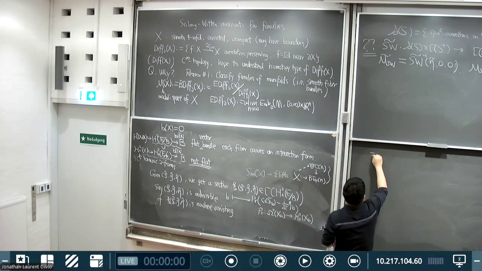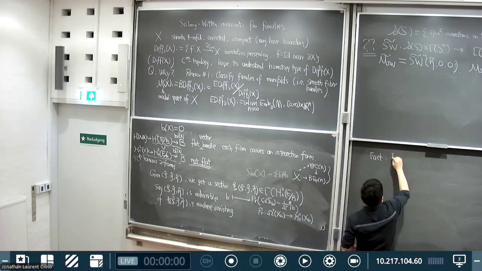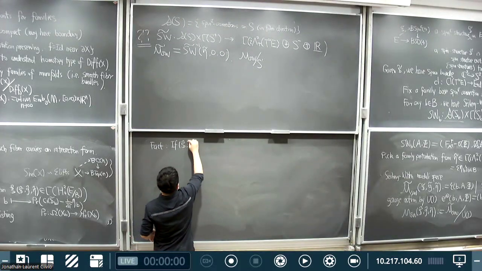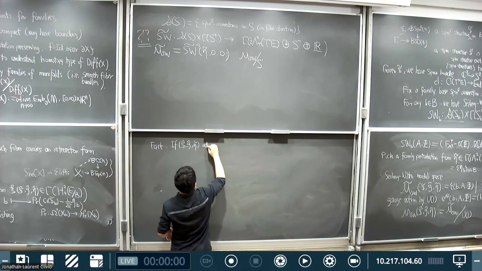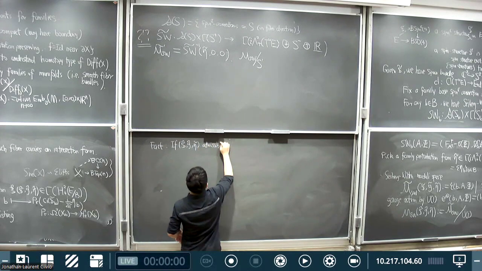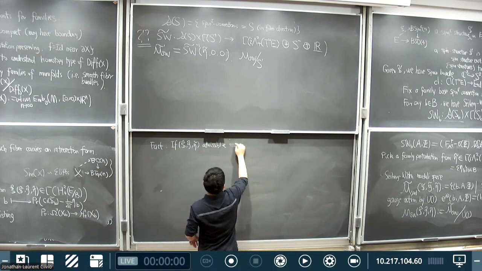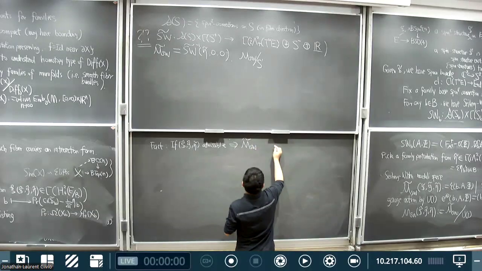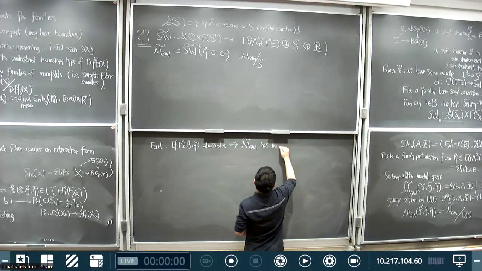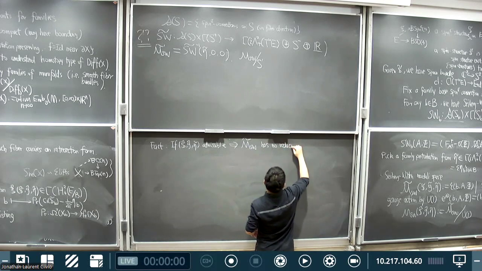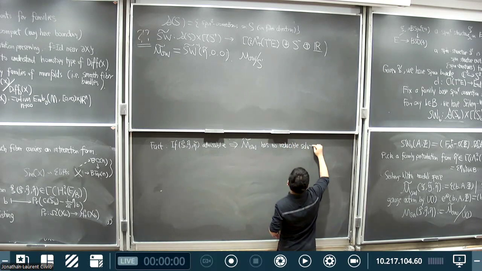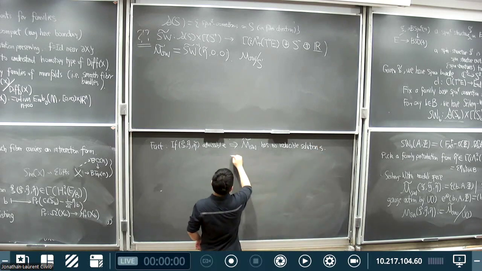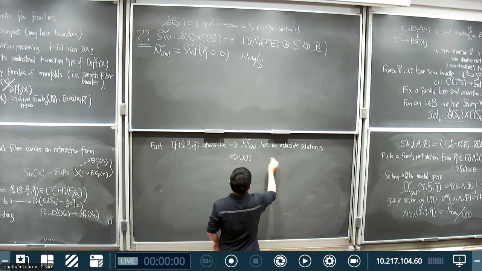And now the fact is that if this triple is admissible, then that implies this moduli space has no reducible solution. And that means the circle action is free.